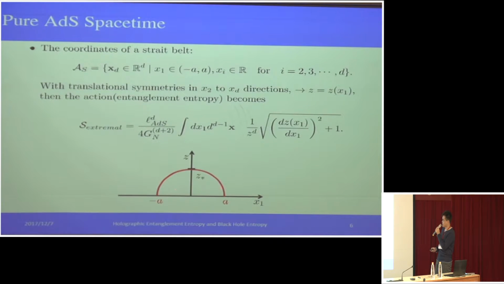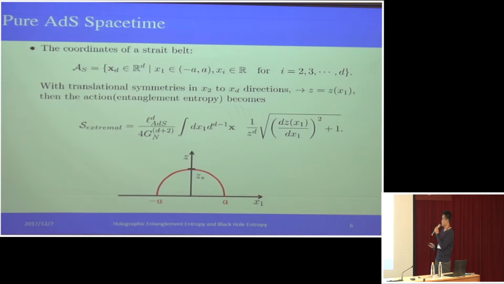To parameterize this minimal surface, we use z and x1, and we know that z only depends on x1. So our area, the determinant of Hij, the induced metric, can now be written in this form. And this is the holographic entanglement entropy in a pure ADS spacetime.